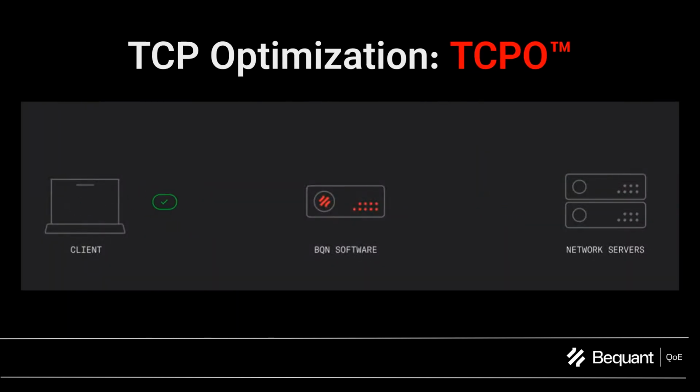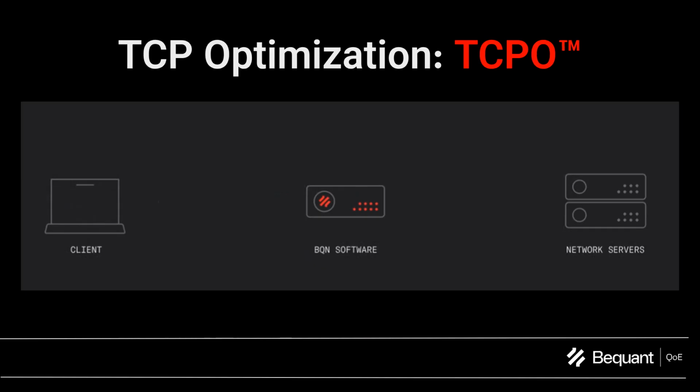What just happened and why? Bequant's TCPO, or TCP optimization algorithm, does two things to improve performance. First, as a TCP proxy, it acts on behalf of all subscribers' application flows, negotiates the TCP window size with the application server, say Netflix, to maximize the network payload, even if the subscriber's end device says to cut the payload way down because of lost or dropped packets at the CPE device.